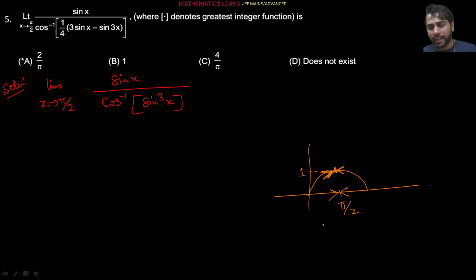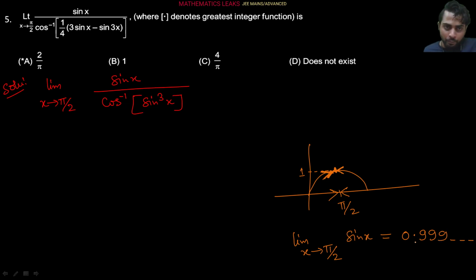So as x approaches towards pi by 2, not equal to pi by 2, sin x will be approximately 1, not 1. It will be nearly 1, you can say 0.9999, very close, correct?